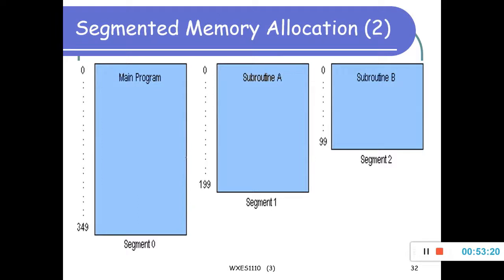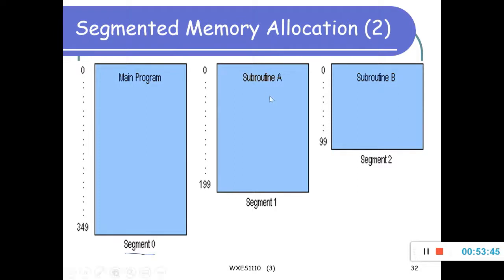When a program is compiled, the segments are set up according to the program's structural modules. Here, this is the main program, segment 0. Each segment is numbered, and a segment map table is generated for each job.